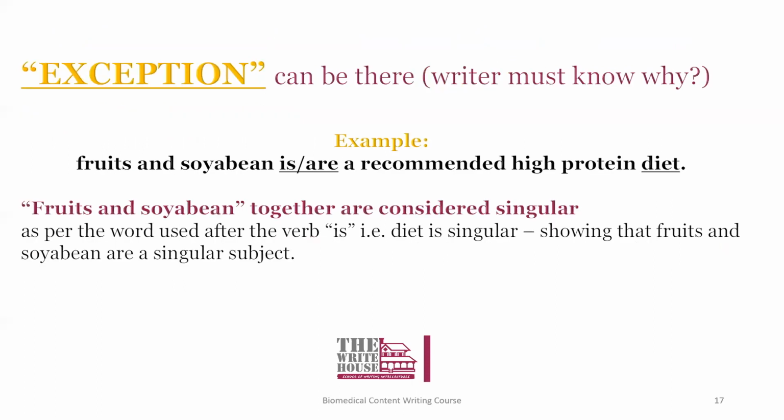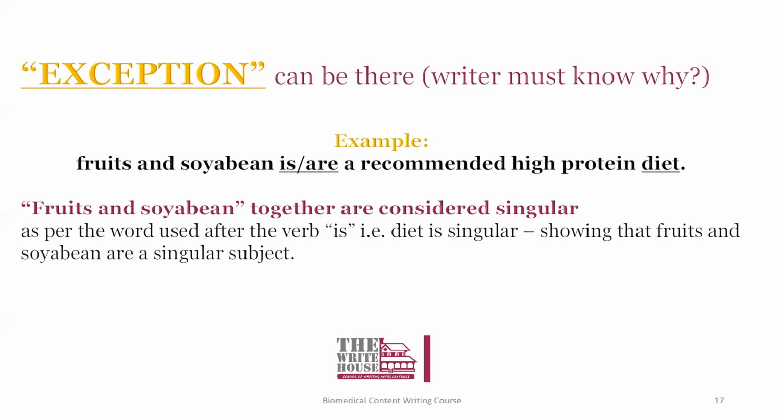Now, exceptions can be there. Where do exceptions usually come? For example, here in this sentence, fruits and soybean is or are a recommended high protein diet. Now, what is to be used here, is or are? If you see, fruits and soybean together are considered singular in this particular sentence. As per the word used after the verb, that is diet, and diet is singular here.